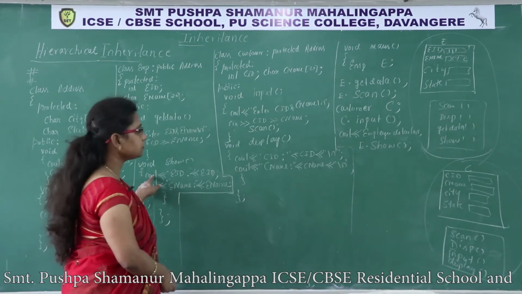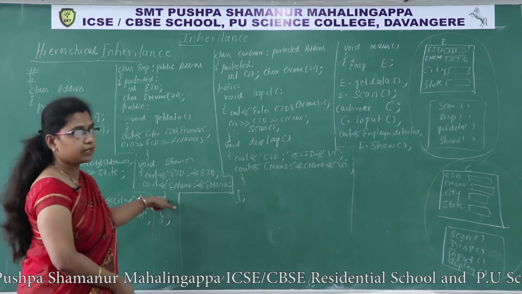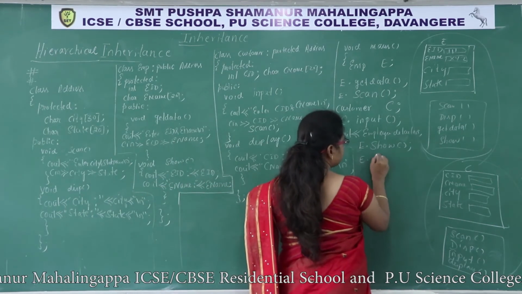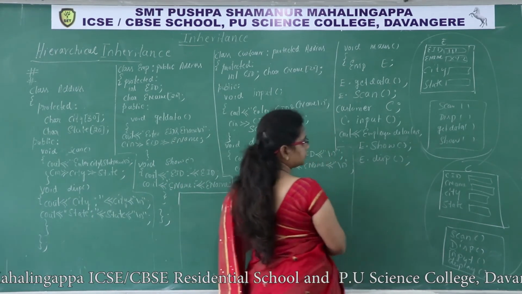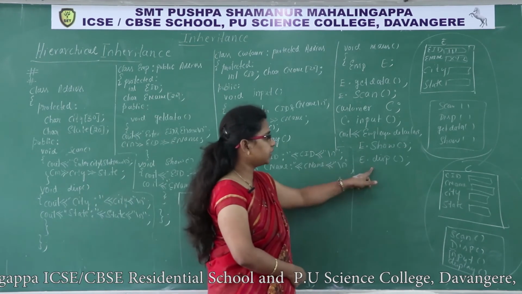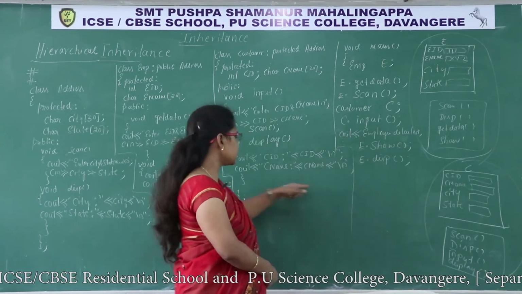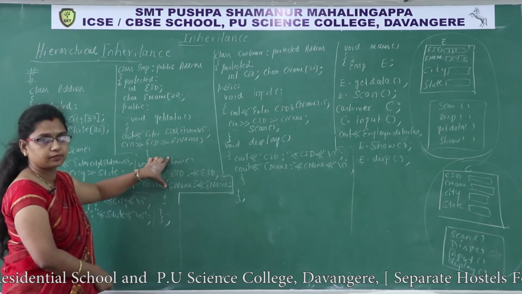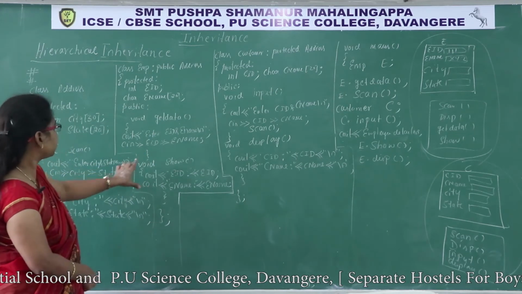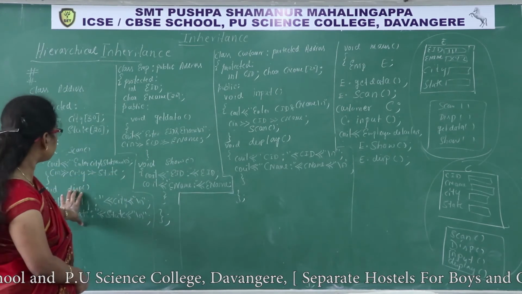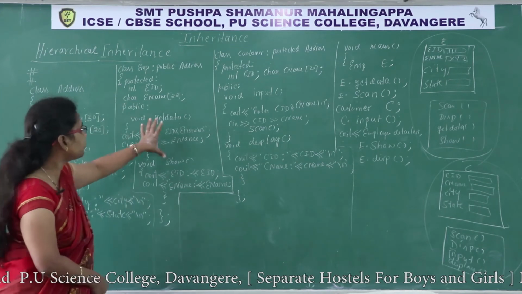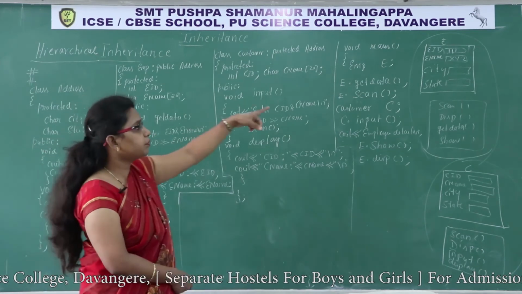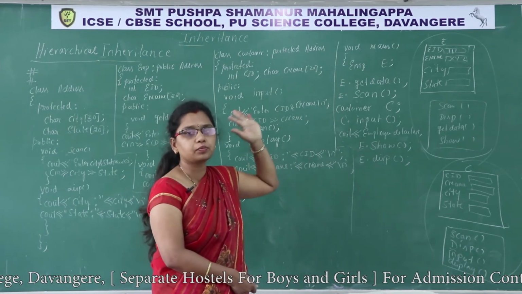Next, I want to display the employee address. So this function is there now. E dot disp. Here I am calling the disp function from the main function, because the disp function has become a public member of the derived class. Scan and disp functions are in the public section of the derived class, so I can access these two functions from the main function using the derived class object.